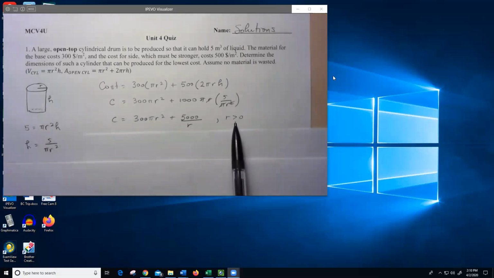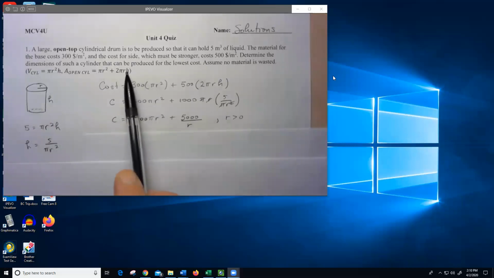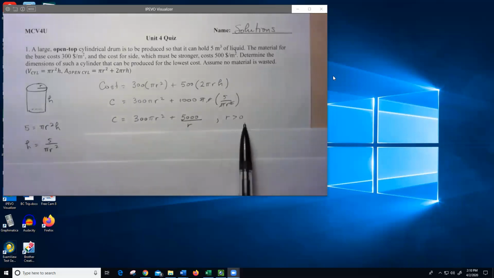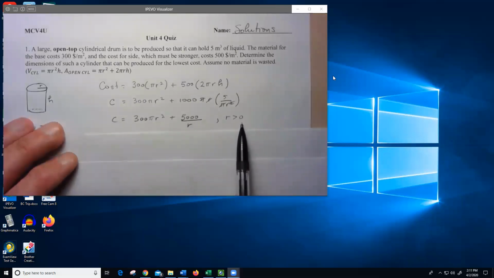A more realistic version of this problem would have probably put some constraints on those variables. So model includes equation and domain. Take note of that if you didn't do it in number 3.